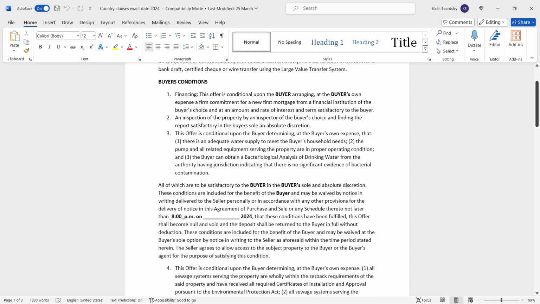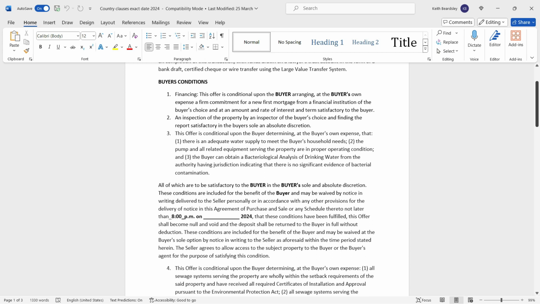Now, if you notice, it says all of which are to be satisfactory to the buyer in the buyer's sole and absolute discretion. So if you really don't like something that comes up in that home inspection report or anything else, you can say, no, we're not going to go through with the sale. Most of the time, I'm going to say 90% plus of the time, though, that can be negotiated.